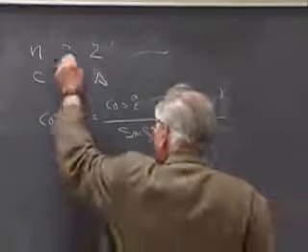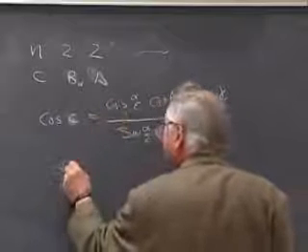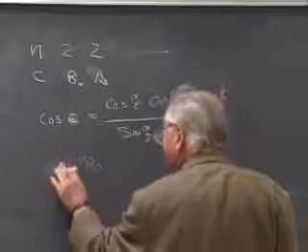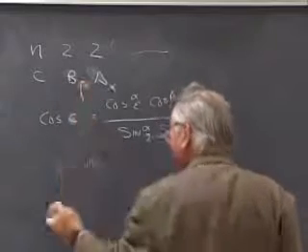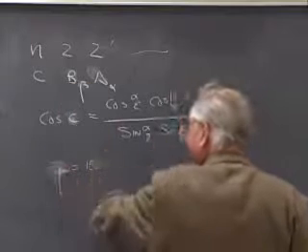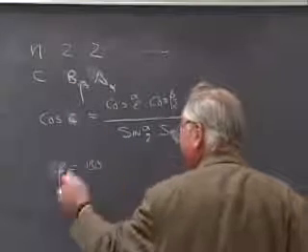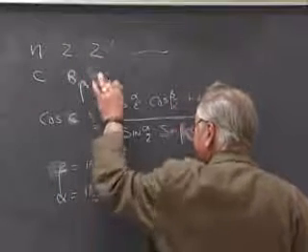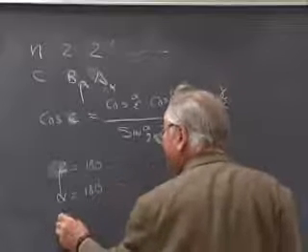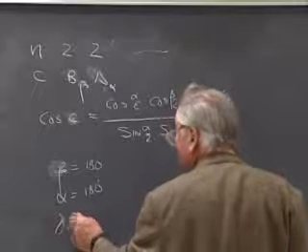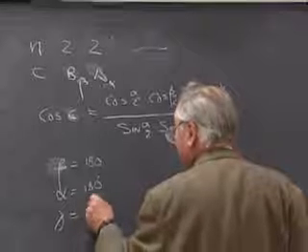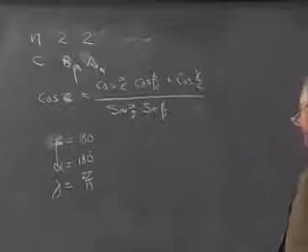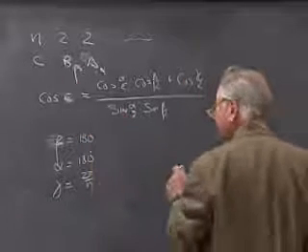B is a two-fold axis, so beta is equal to 180 degrees, the angular throw of a two-fold axis. Alpha is equal to 180 degrees, the angular throw of a two-fold axis, and gamma is equal to whatever 2 pi over n would be.